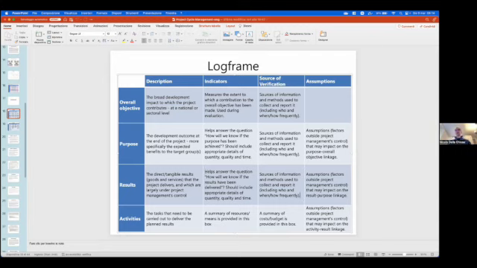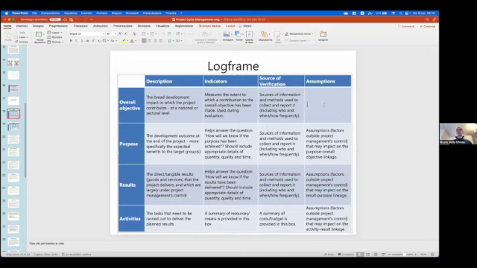So the sources of verification are very important to give credibility to the indicators, so that we know where to find the information, and also so that who reads and evaluates the project can assess the credibility and the strength of the indicators. And the last column is the one of the assumptions.